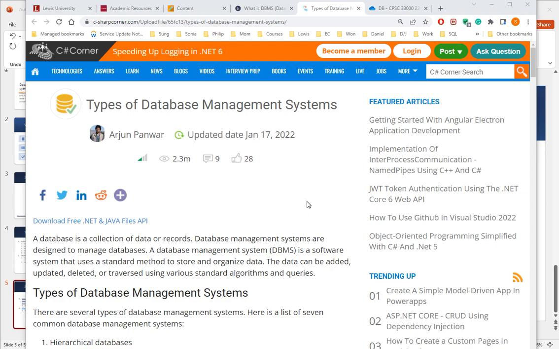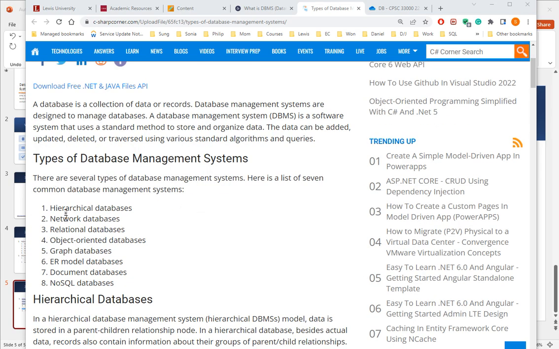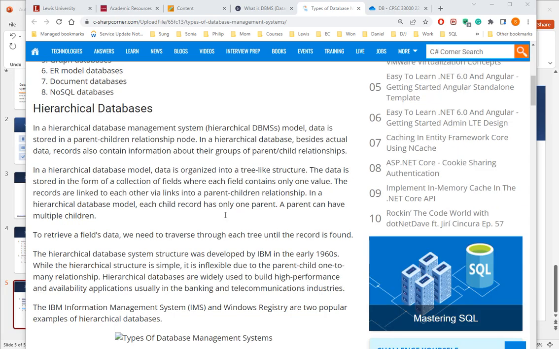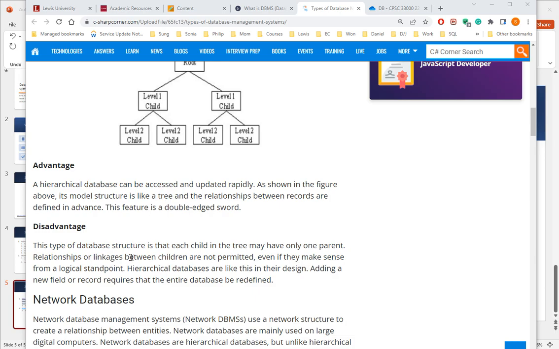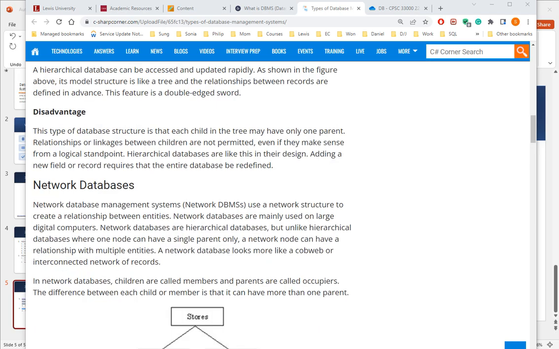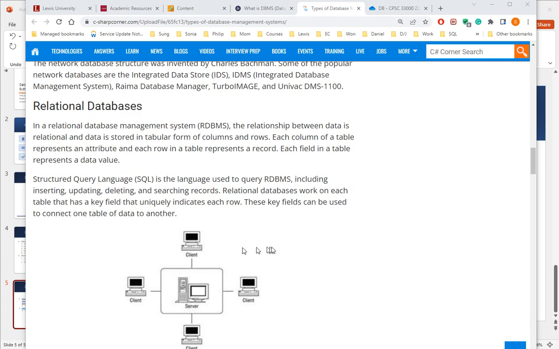This is a pretty good website that gives you different types of database management systems: hierarchical, network, relational databases, and so on and so forth. It gives you little descriptions, and then maybe a diagram. It also talks about the advantages and disadvantages. So this is a pretty good website to go through.